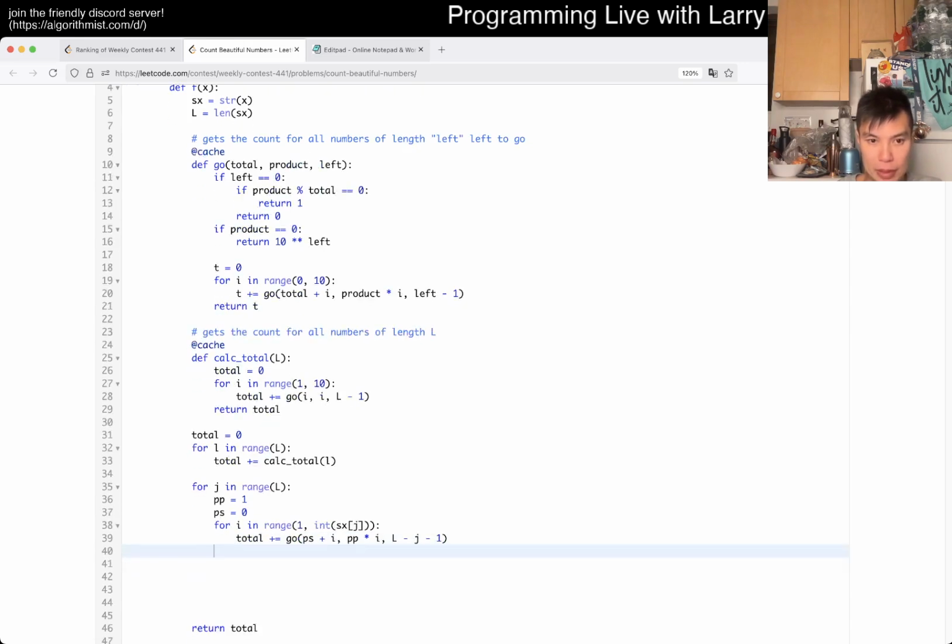And then when we go to the next digit, then PP is fixed, right? Then PP we times it by int of x of j.